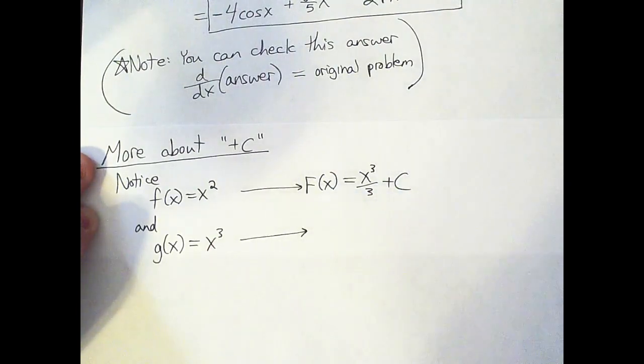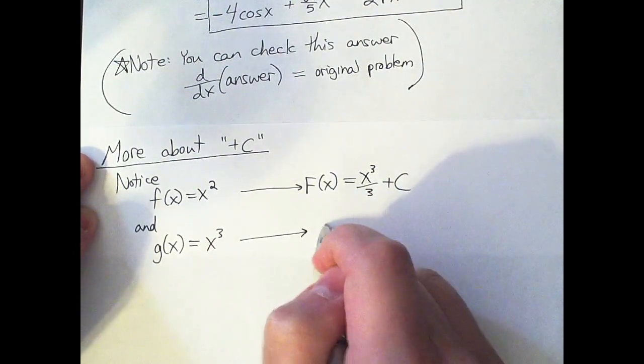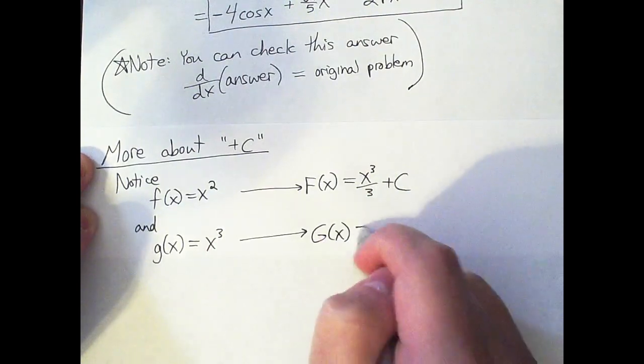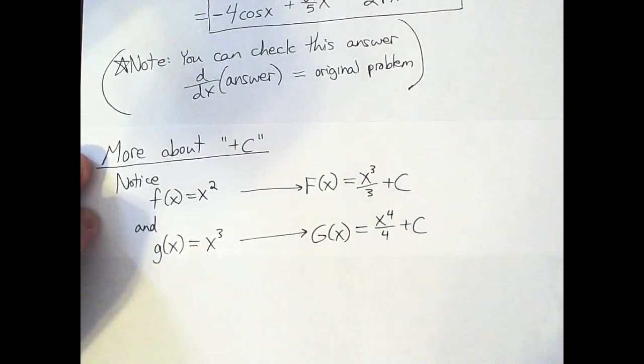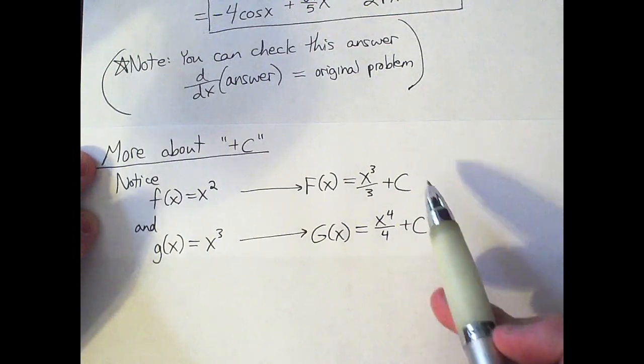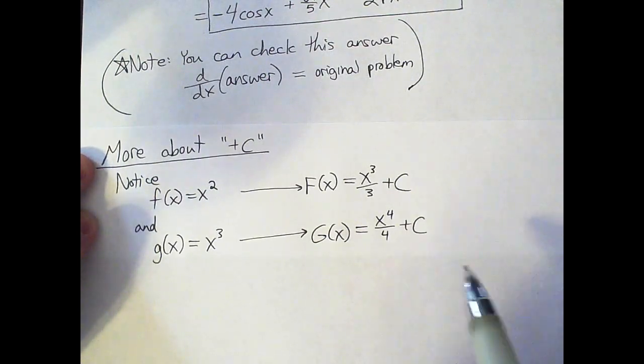We would say that the most general antiderivative is capital G equals x to the 4th over 4 plus c. Nothing that I've said so far should be surprising. I mean, this is kind of what we've been saying today.